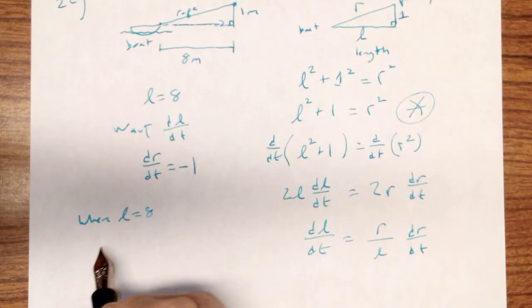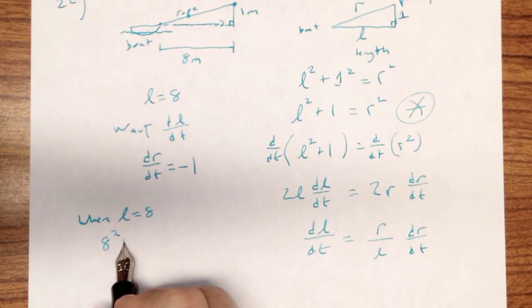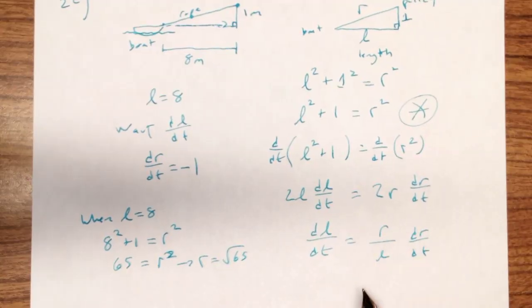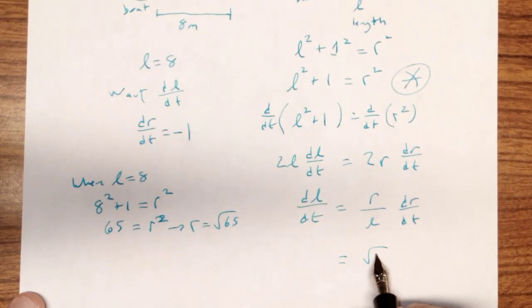When L equals 8, 8 squared plus 1 is R squared. 8 squared is 64, plus 1 is 65. And that means that R is the square root of 65. Now I have all the things on this side. Square root of 65 over 8 times negative 1.